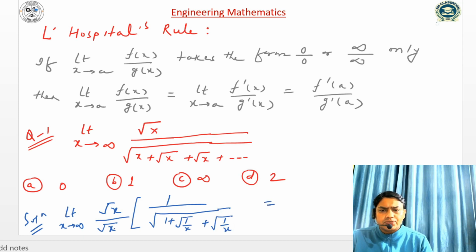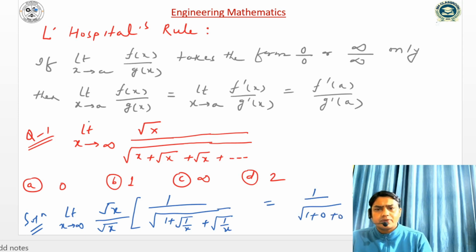Root x is cancelled, and 1 by infinity is 0, so it will be 1 divided by square root of 1 plus 0 plus 0 and so on, so it will be 1. So option B is correct.